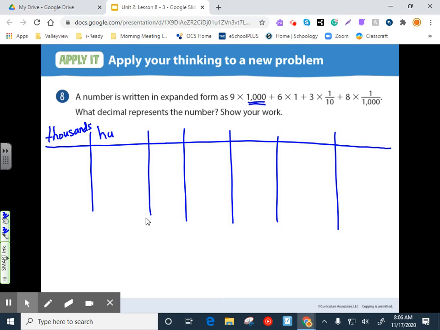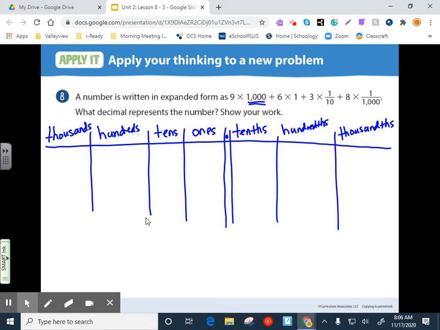Next to that's hundreds, then tens, then ones, and turn this one into our decimal. And then we have tenths, then hundredths, and then thousandths. There we go.